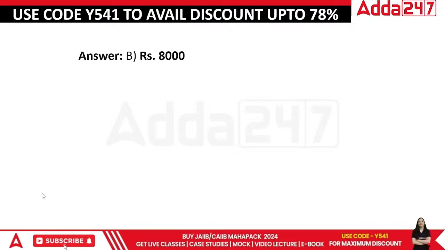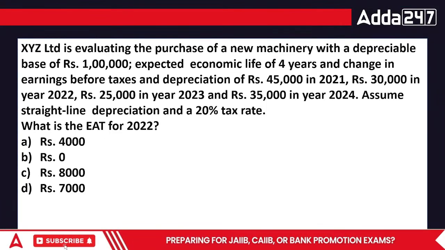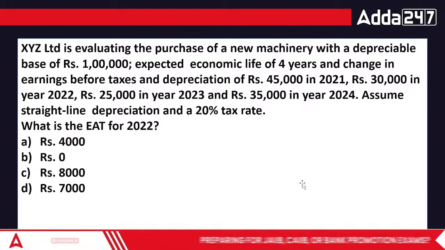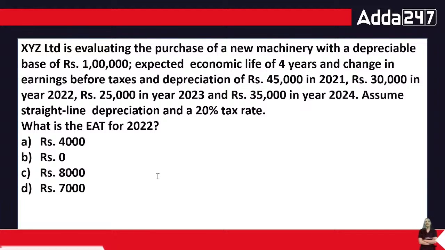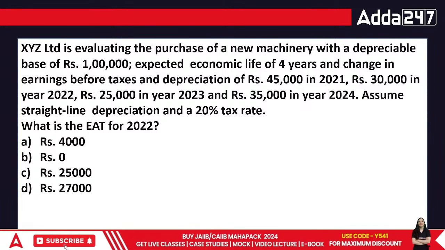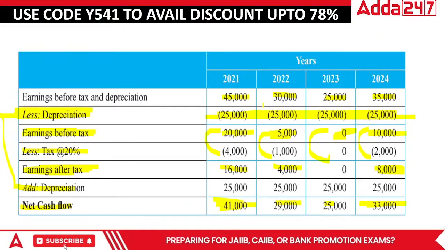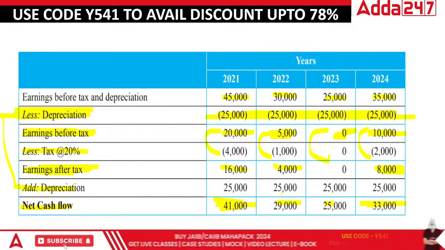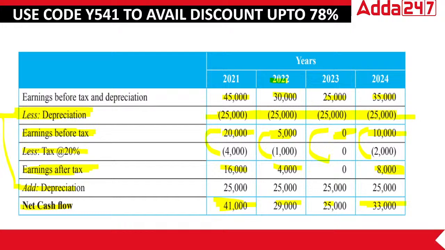Last point, if I'm trying to find the earning before tax in 2022. In this case, what's going to be the answer? Go back to your solution. It is earning before tax in 2022.